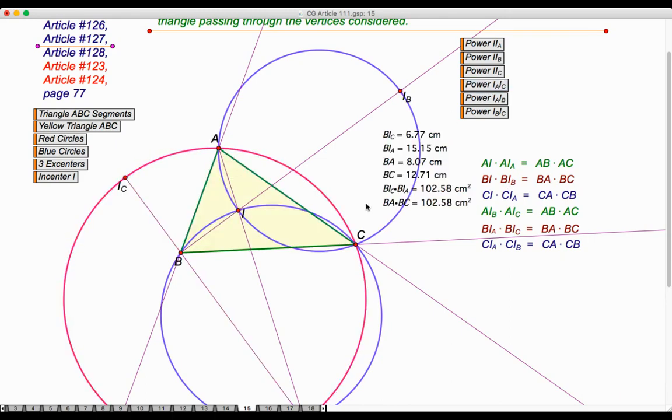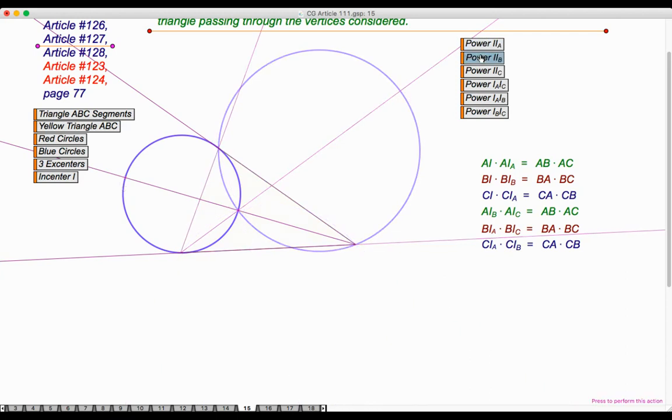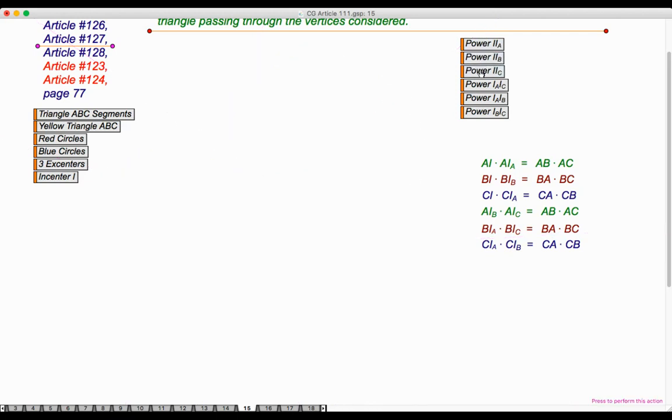Next is power of point C. Okay, so this time is power of point C, so that's this one. Sorry, not that one. It has to be this one. There you go. So power of point C. Let me hide this. And I only have this.